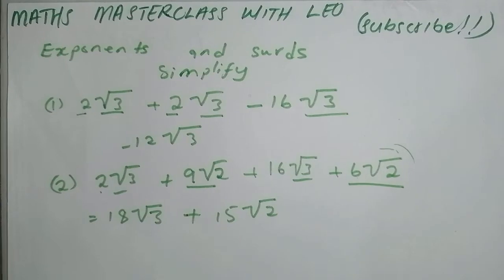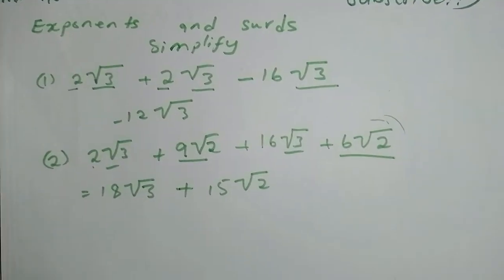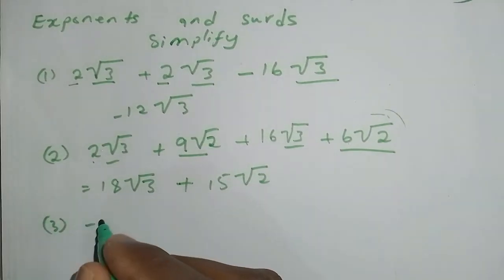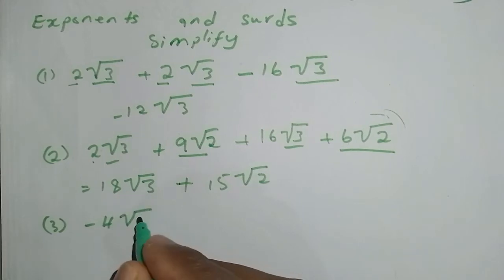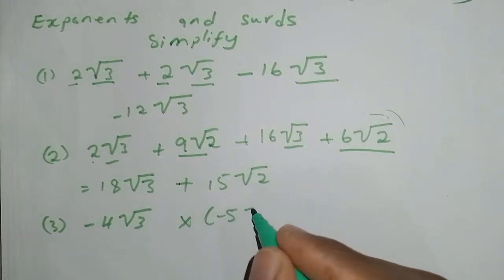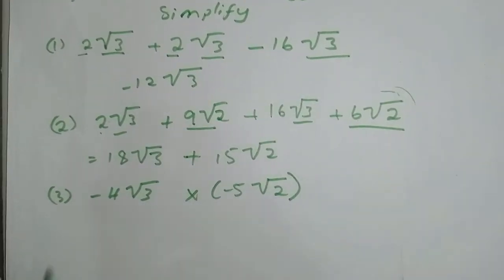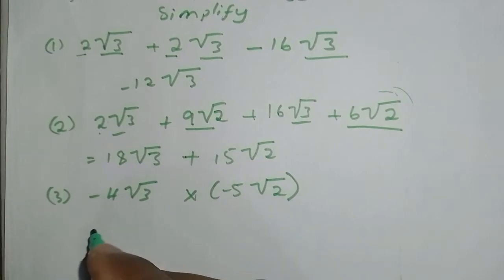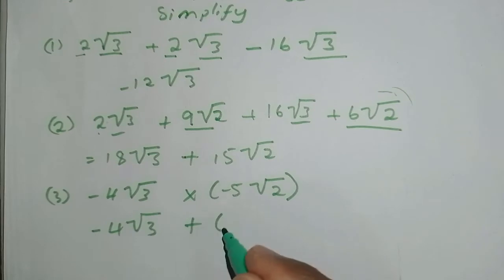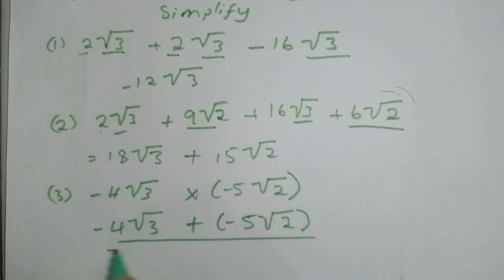Then let's take another one that is simple but difficult if you don't practice it. You have negative 4 root 3 multiplied by negative 5 root 2. They say simplify this. Okay, before we continue, guys, good people, these two things are different, right?